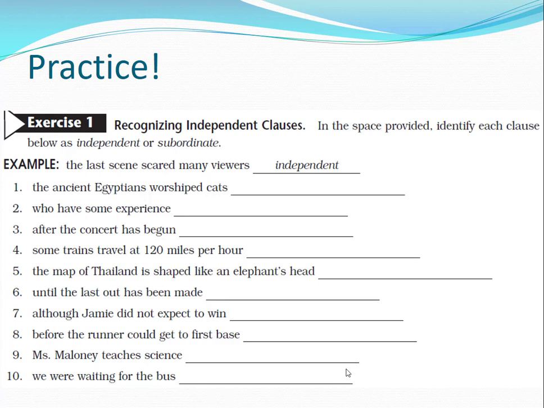Right, so in this exercise, you were asked to identify each clause. If it's an independent clause, just write independent. If it's dependent or subordinate, remember it has two names, just as independent, which is also called main, and subordinate is dependent.